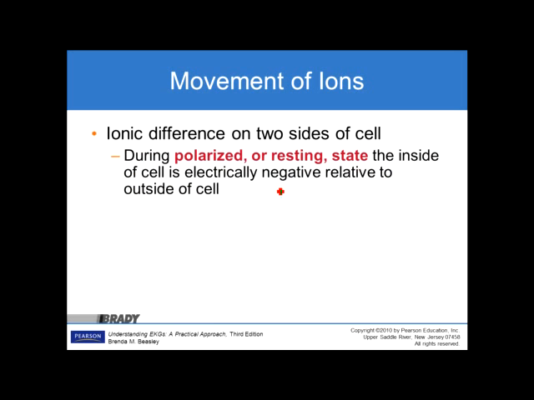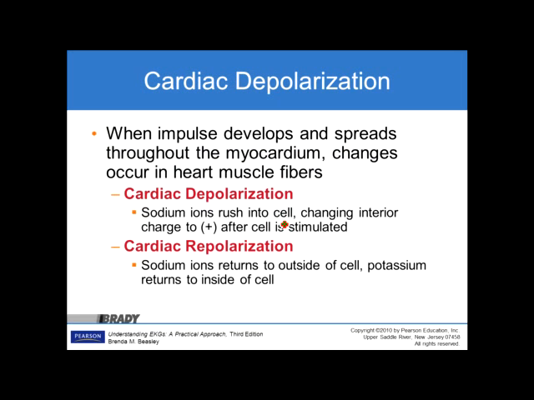The resting state or polarized state, the inside of the cell is generally negative relative to the outside of the cell. And there's a better picture here in just a second. When an impulse develops and spreads throughout the myocardium, changes occur in the heart muscle fibers.